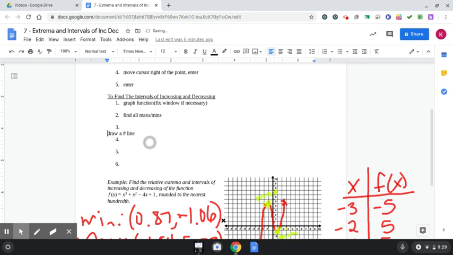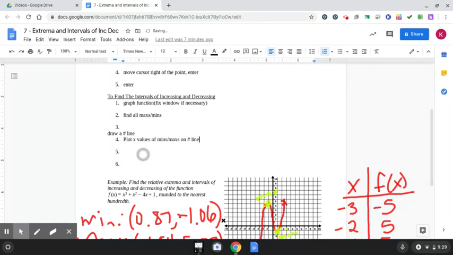Your fourth step, you are going to plot the x values of the mins and maxes on the number line. Only the x values of the mins and maxes.